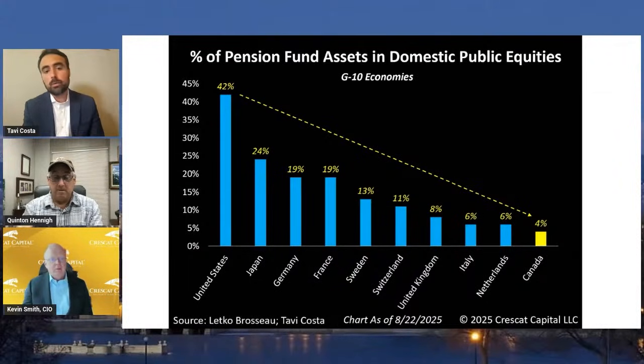But back in the days, the whole reason was because there was more liquidity. And that case has been shut down because there is no liquidity. And maybe the reason for it has to do with what's been happening with the pension fund money in Canada. Just to give you some sense, only about 4% of their assets is invested in domestic public equities now. And so, I thought that was an interesting number.